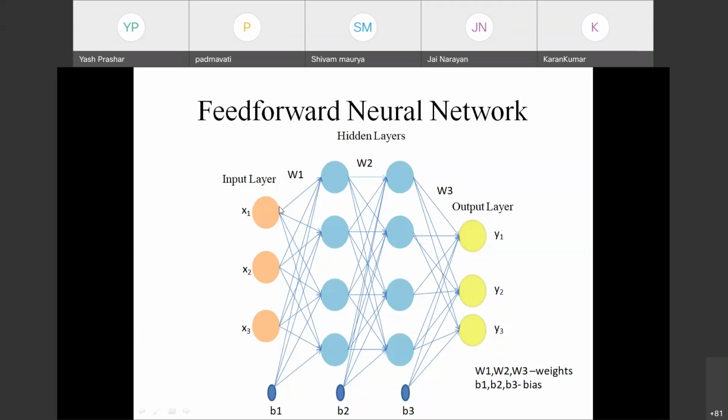If x1 were connected with only one weight, x2 with another, and x3 with another, then I wouldn't need a matrix; I would simply need one vector. But here every neuron of this layer is connected with every neuron of this layer, so we need a matrix for those dense connections.